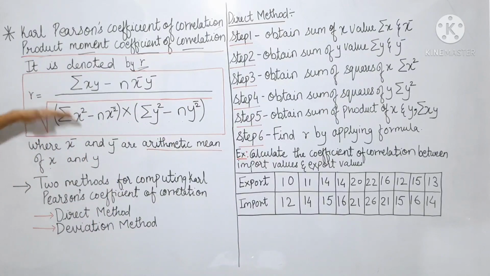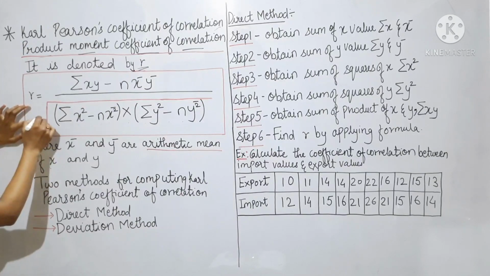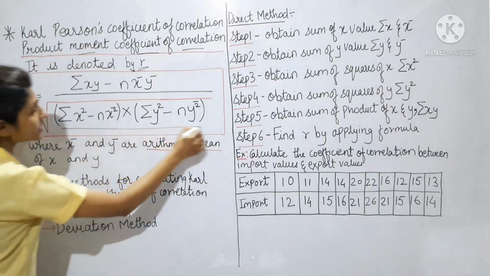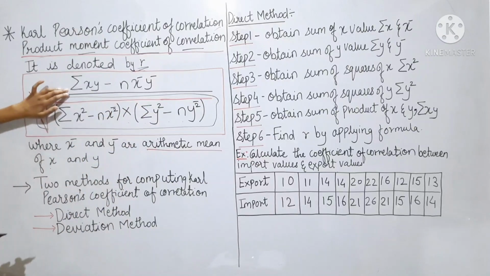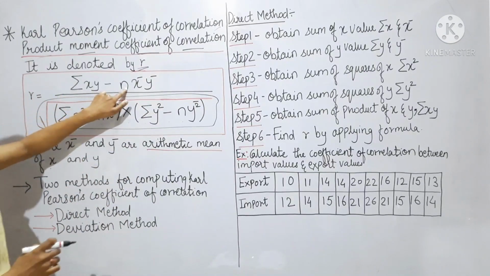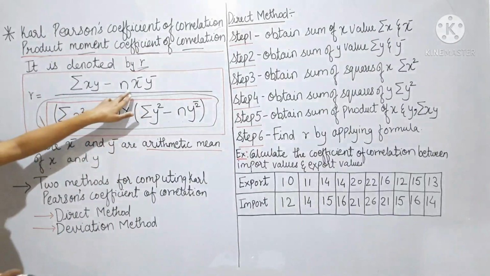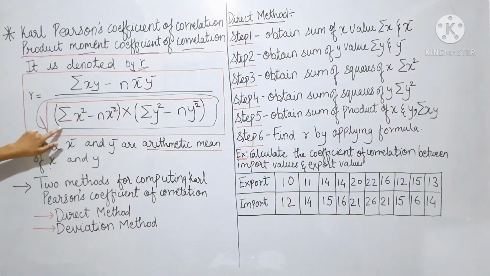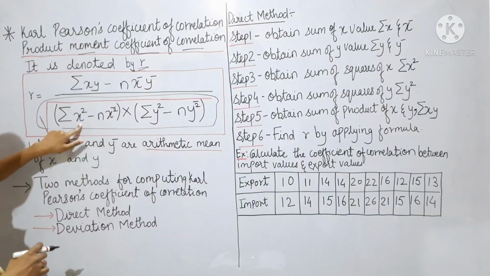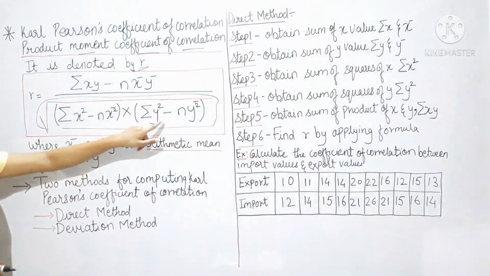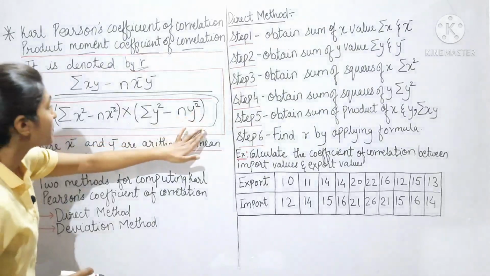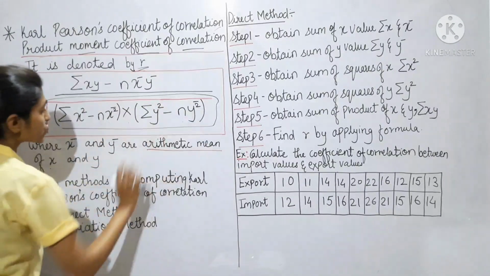So the lower part of the formula of the Karl Pearson coefficient of correlation is under the square root. This whole is under the square root. So the upper part is sigma xy minus n x bar y bar, divided by summation of x square minus n x bar square multiplied by summation of y square minus n y bar square, bracket close, and the whole under the square root.